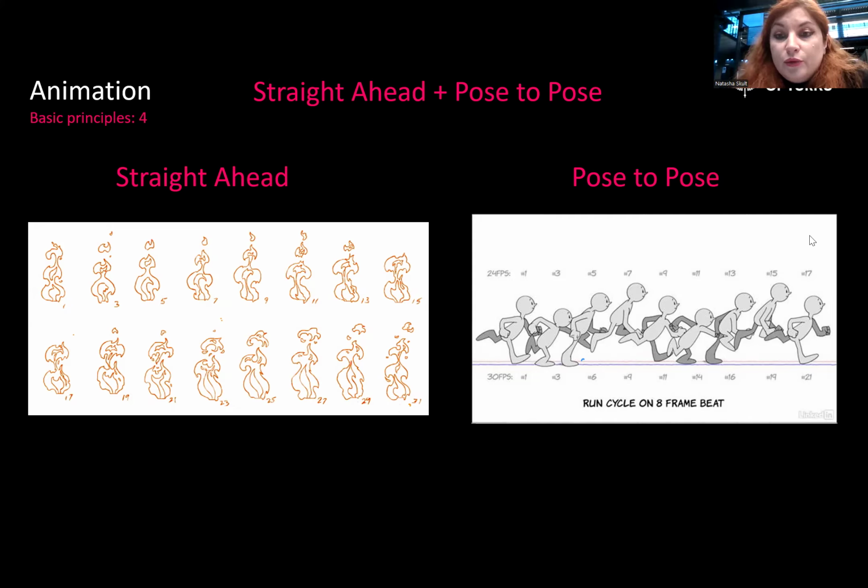And what you can do with pose to pose is there are a lot of shortcuts, a lot of cheating, but in a good way. For example, you can notice here that this is pretty much the same as this one here. The only difference is which leg is front and which leg is back, which means we can speed up our production a lot.